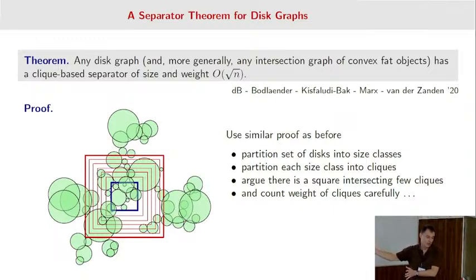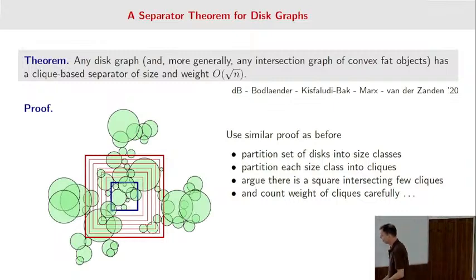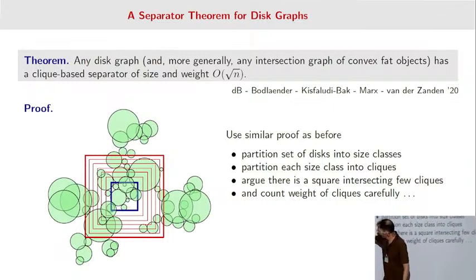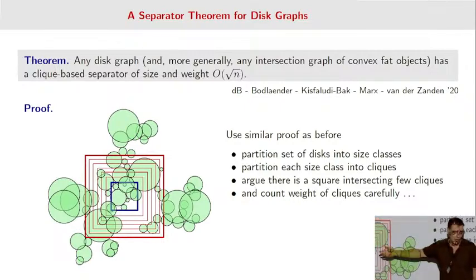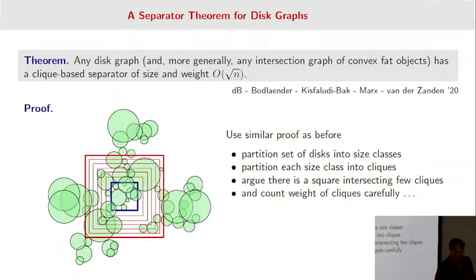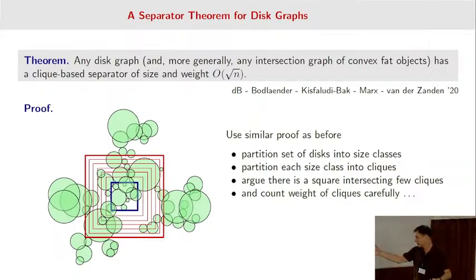The proof is essentially the same as before. Because the disks can overlap, I cannot simply say the number of big disks can only be a constant because of a packing argument.